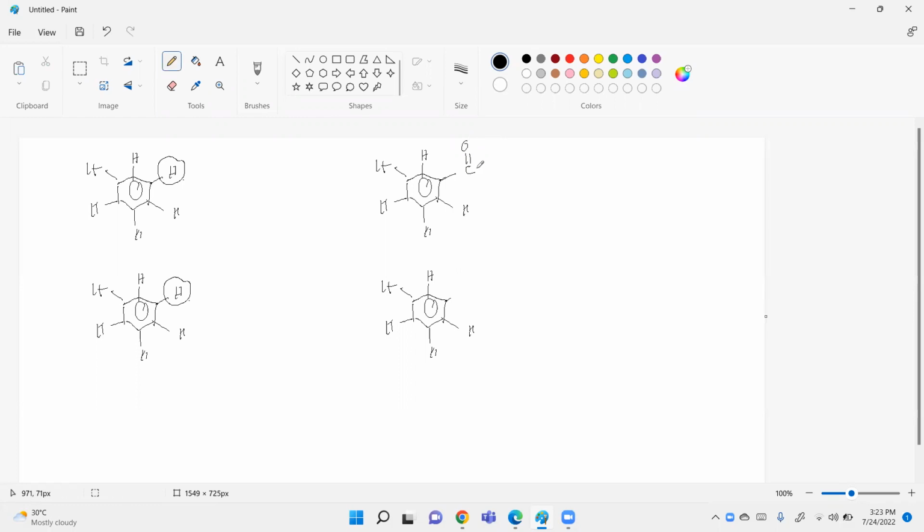CO. This time I will take CH2 and CH3. How are we going to convert this? You can see how simple this is.